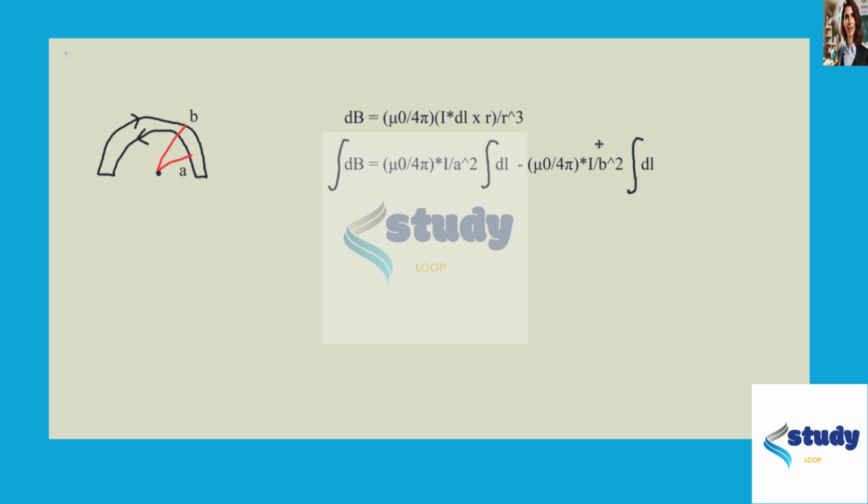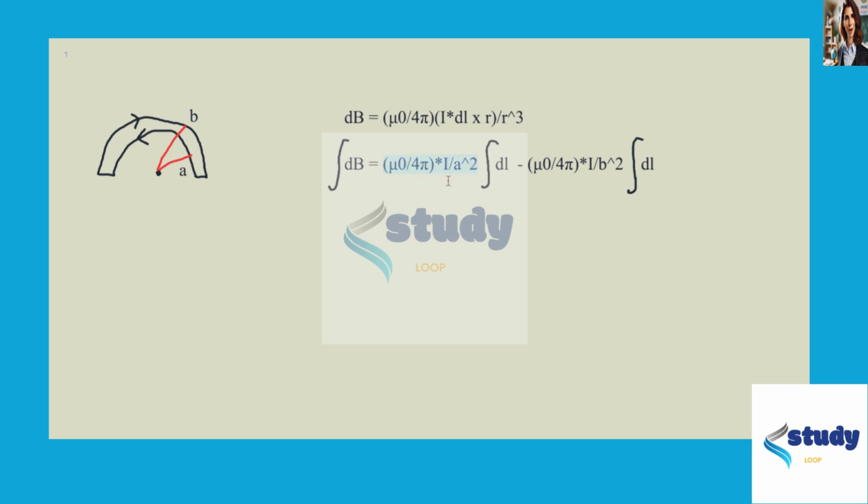So that's great. And then when we integrate dl, for this case, it's just going to be the whole circumference of the circle that we're going around, which would be 2 pi times a. So half of that is just going to be pi times a. And similarly, the integral over here is just going to be pi times b. That's going to be the length of this outer semicircle.